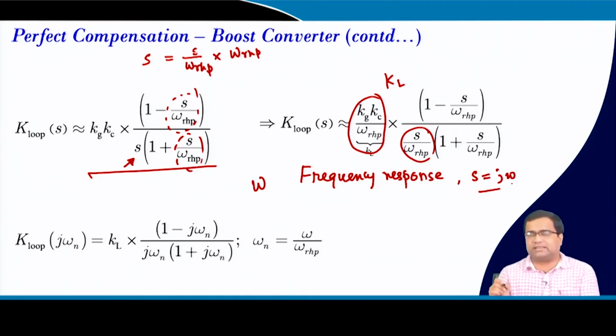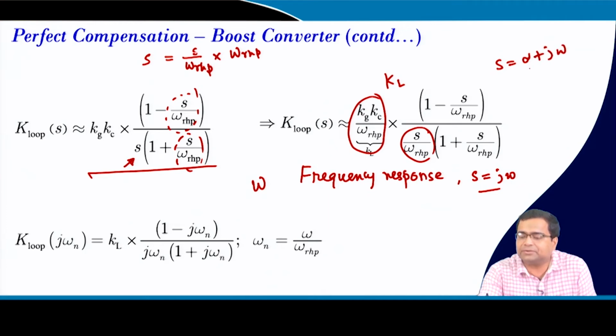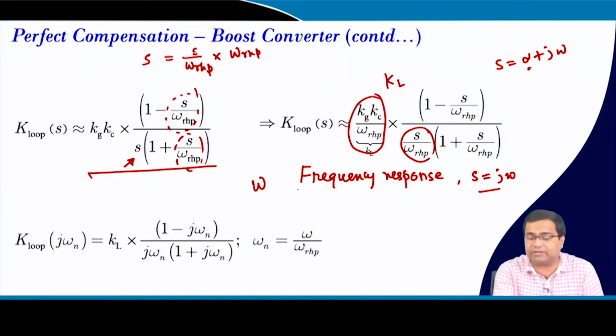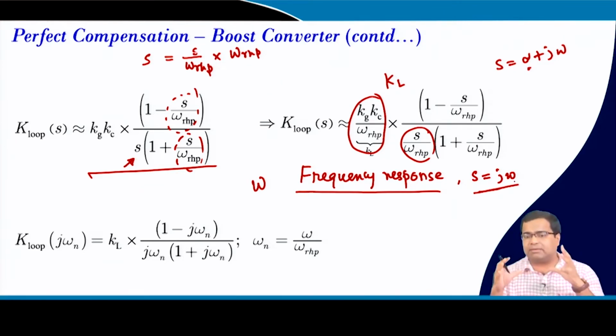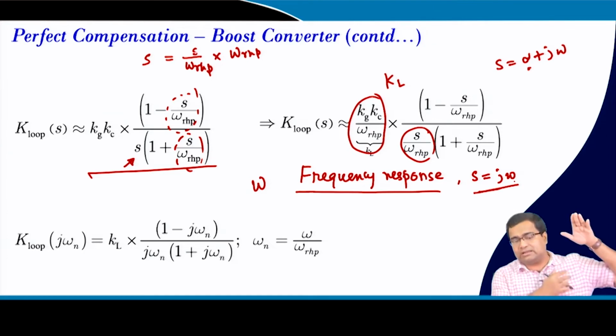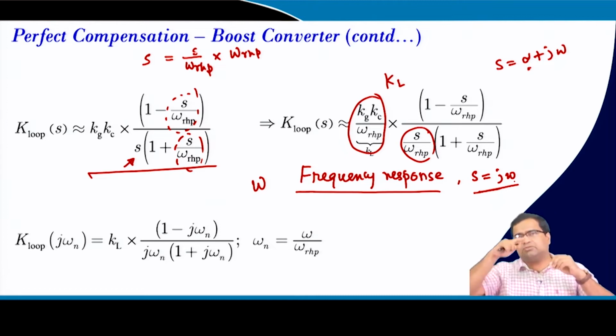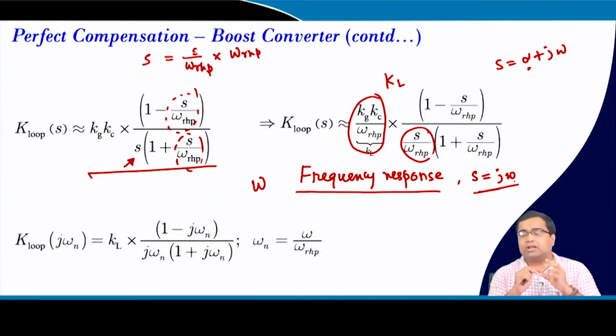Generally we write s equal to sigma plus j omega, but for a stable system, the sigma term, which is associated with the exponential decay, will decay and eventually come to steady state, and then for the frequency response we simply take j omega, because we wait for a long time so that all the transient effects vanish, and it comes to the actual steady state behavior, where we are exciting the system with some frequency omega.